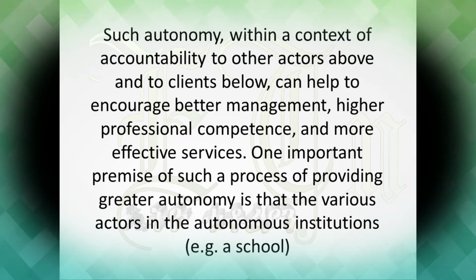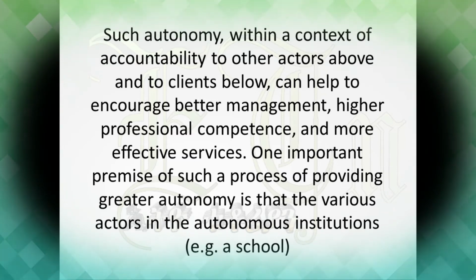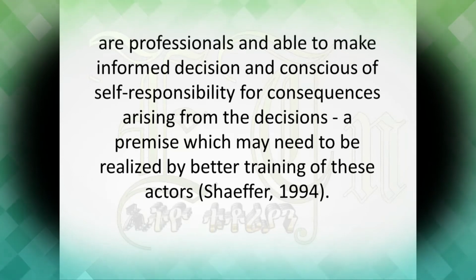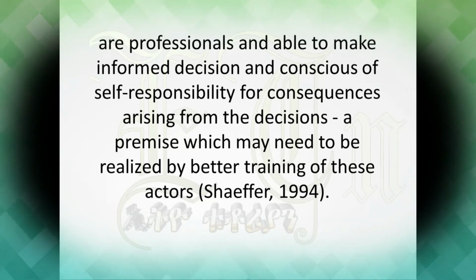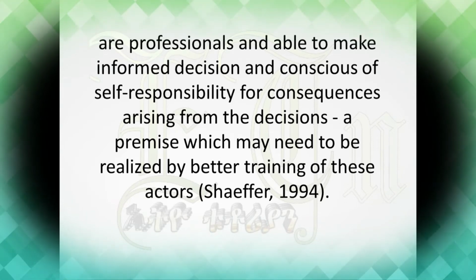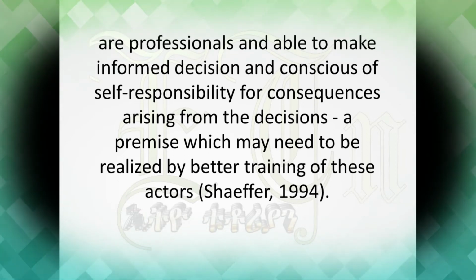One important premise of such a process of providing greater autonomy is that the various actors in the autonomous institutions, for example, a school, are professionals and able to make informed decisions and conscious of self-responsibility for consequences arising from the decisions, a premise which may need to be realized by better training of these actors.